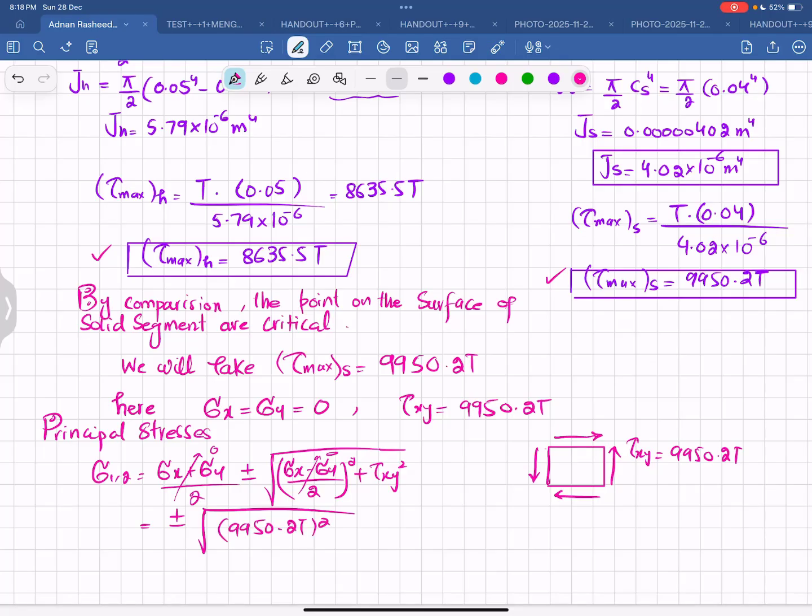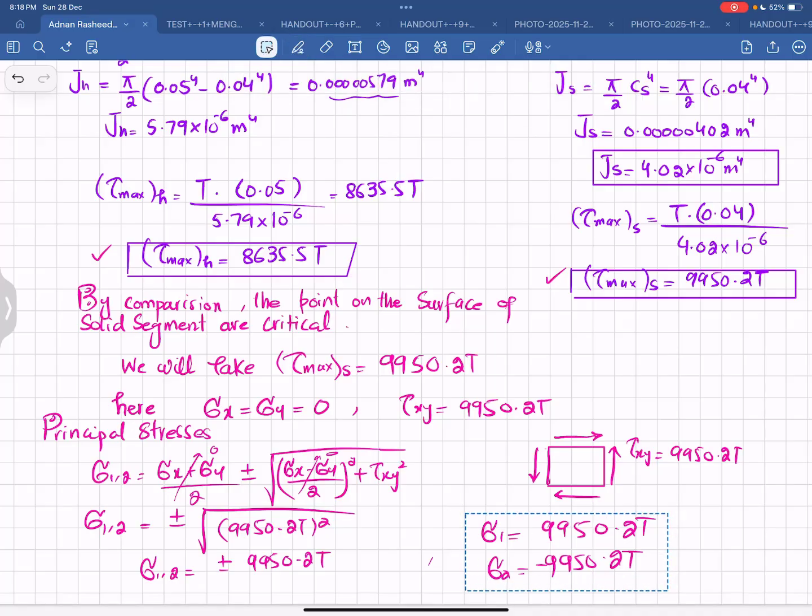The square root cancels the square, so we have plus minus 9950.2t. One principal stress, sigma 1, is 9950.2 times t, and sigma 2 is minus 9950.2 times t. I will copy these two values because we will need them, and move to a new page.